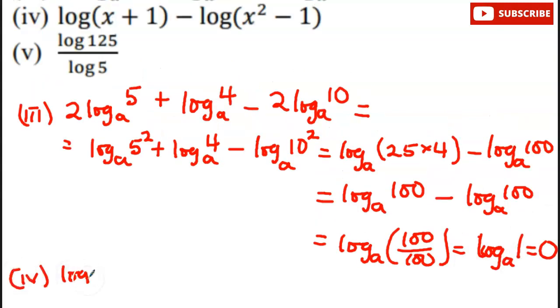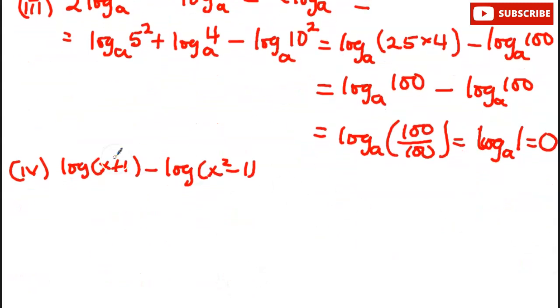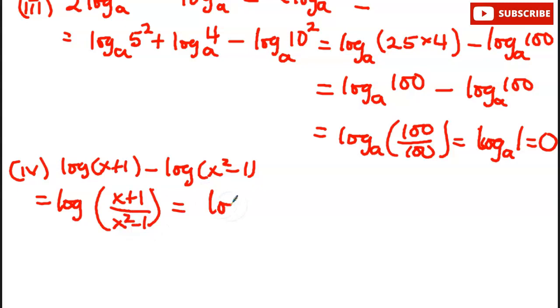So for log of x plus 1 minus log of x squared minus 1. If you want to simplify, now listen, logarithm without a base is assumed to be in base 10. So this is also in base 10. Log of x plus 1 over x squared minus 1. The denominator is a difference of two squares, x squared minus 1.